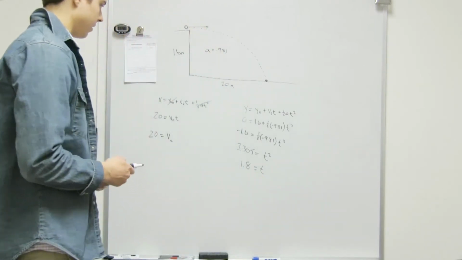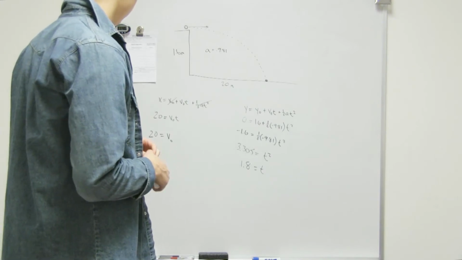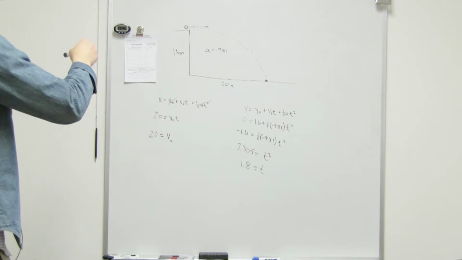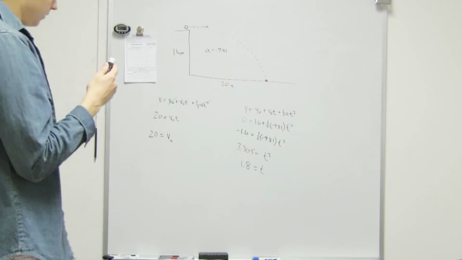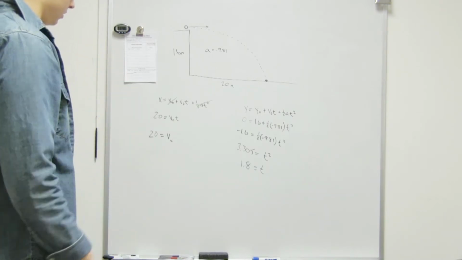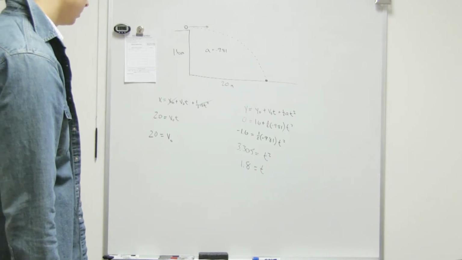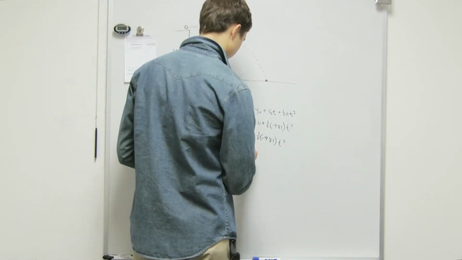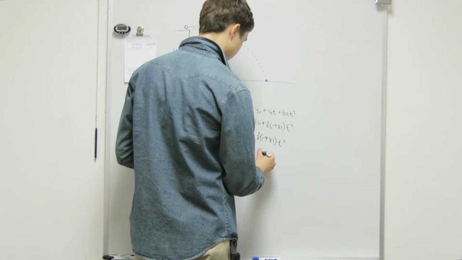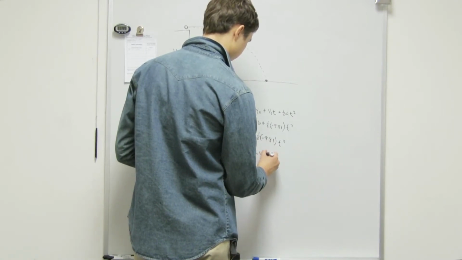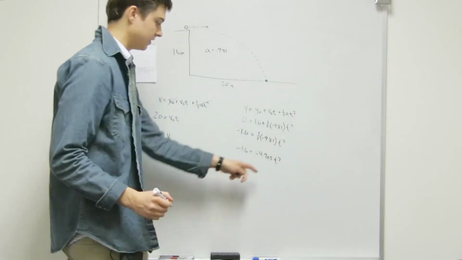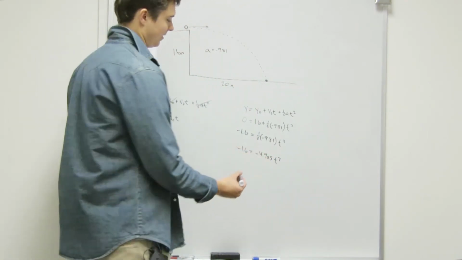It does seem like a lot of time though for it to be in the air. 1.6 meters is like here. If I was to drop that marker, it wouldn't take 2 seconds to hit the ground. So if we combine these two terms, we get negative 1.6 equals negative 4.905 t squared. To get the t squared by itself, we divide.